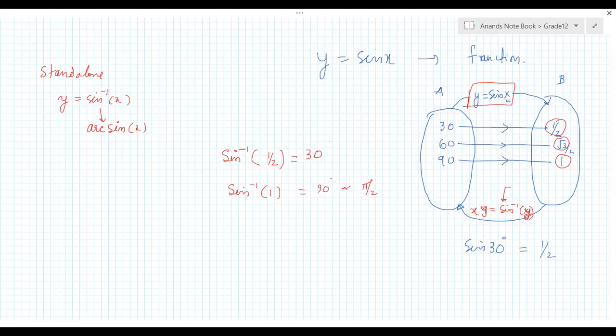All right. So this is the introduction of what you mean by inverse trigonometric functions. For all the trigonometric functions, sine x, cos x, tan x, cosecant x, secant x, cot x, there are corresponding inverse trigonometric functions. Their inverses are available. Is it okay?